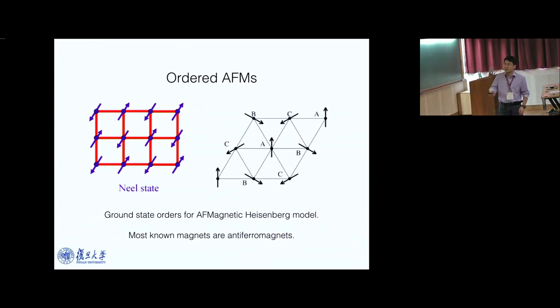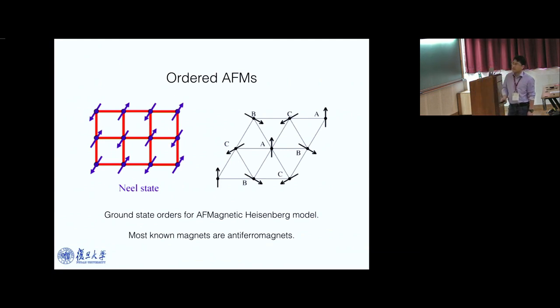They found different non-trivial magnetic propagating wave vectors in the Bragg scattering of a neutron scattering measurement. Now this is the example of the antiferromagnetic Néel state for a square lattice Heisenberg model, and this is an example of the so-called 120-degree state for the triangular lattice Heisenberg model. So now we know most known magnets, actually the majority of magnets, are antiferromagnetic rather than ferromagnetic.